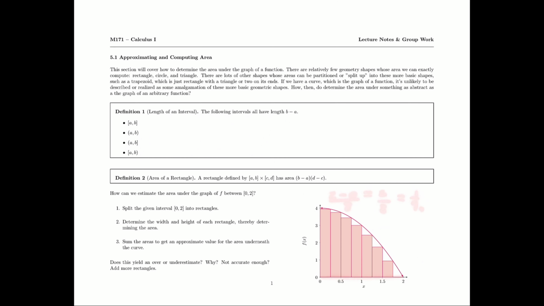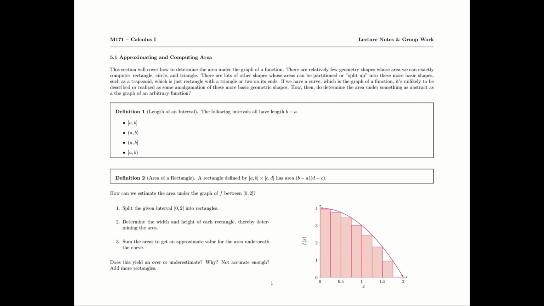So each rectangle has a width of a quarter. So 1 quarter, 2 quarters, 3 quarters, 4 quarters. You get 1, 1 and 1 quarter, 1 and 2 quarters, 1 and 3 quarters, and then 1 and 4 quarters, so 2.